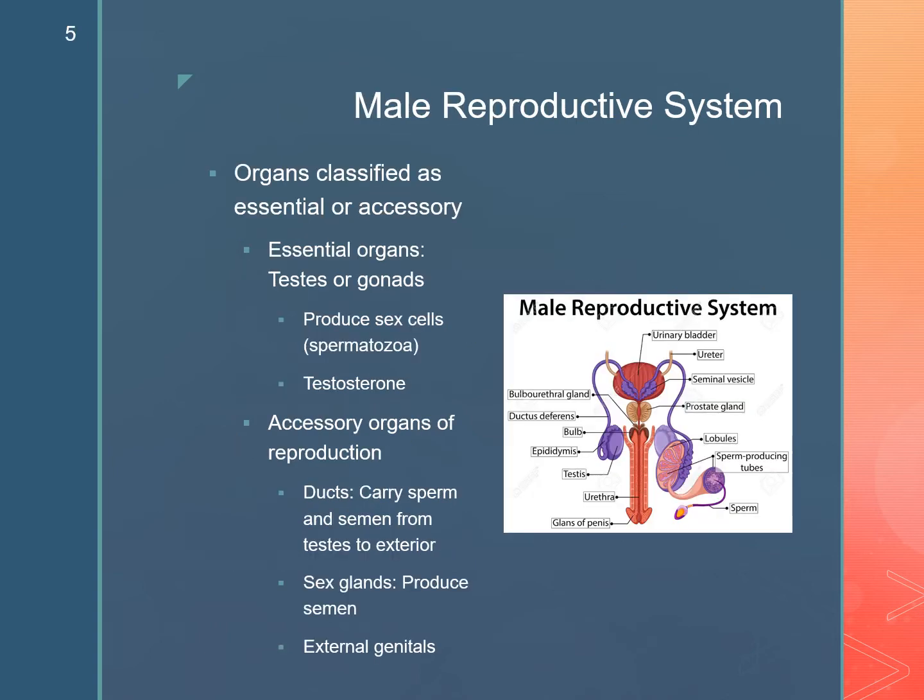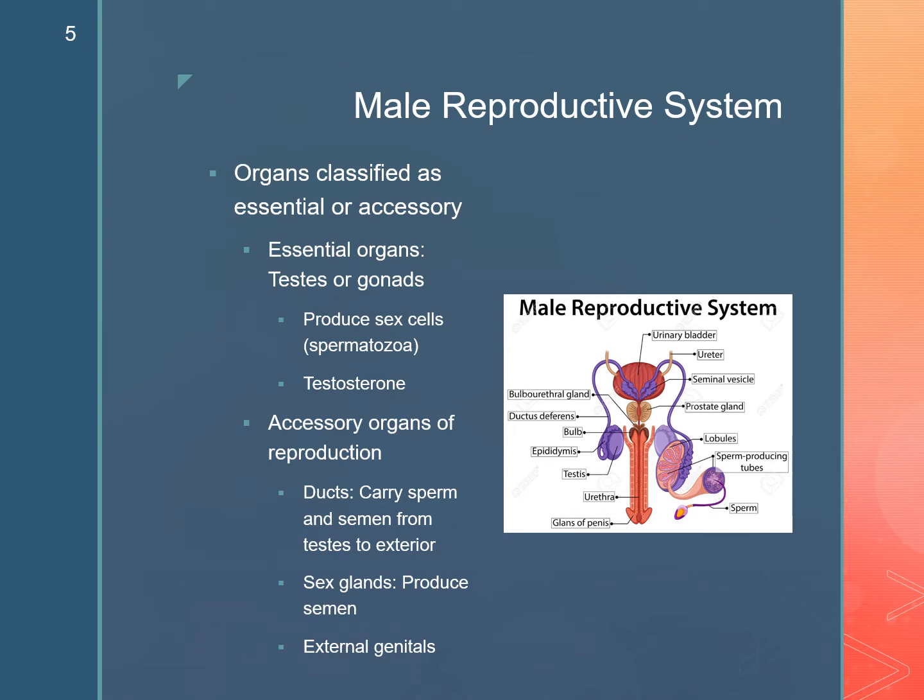The male reproductive system is defined by its essential organs and its accessory organs. The essential organs are the testes or the gonads, and these organs are responsible for producing those sperm and also for producing testosterone.